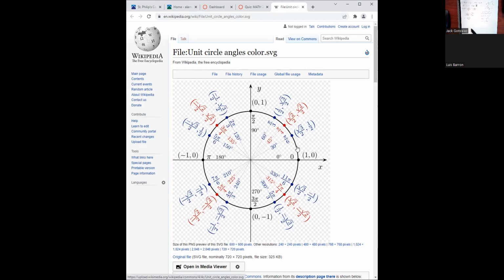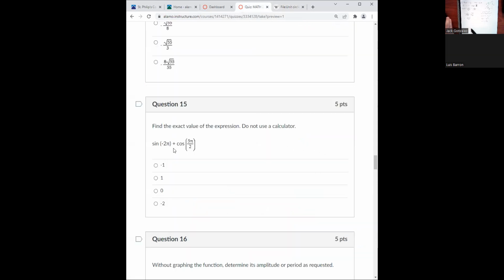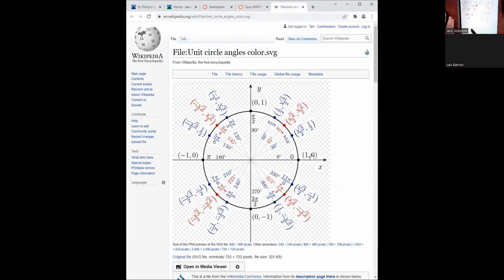Explain negative 2 pi. What's that? Negative 2 pi means I'm going in the negative direction, so I'm going this way. So 1 pi in the negative direction and another pi. In other words, negative 360 gets me back to where I started. So then you look at the sine value, because they were asking for sine of negative 2 pi, which refers to the y.